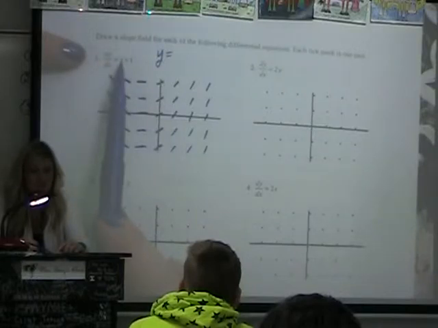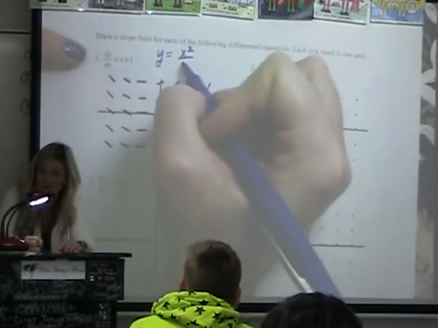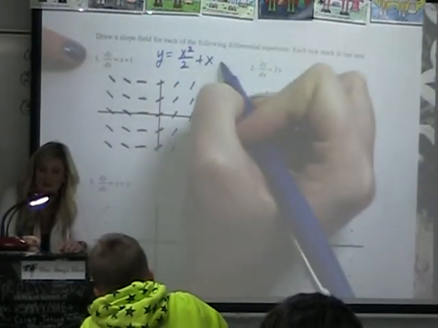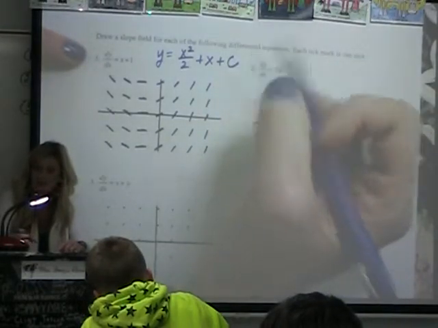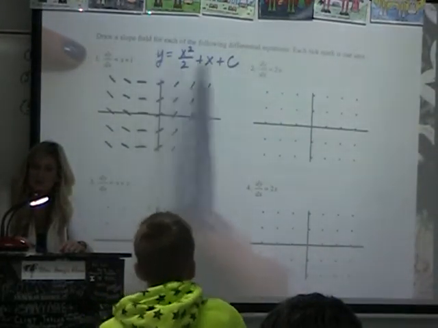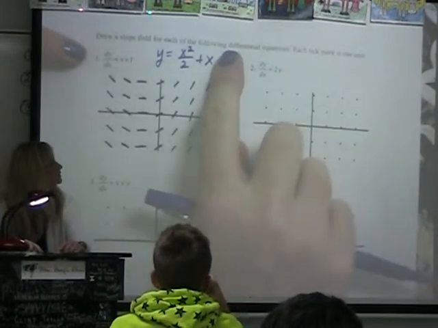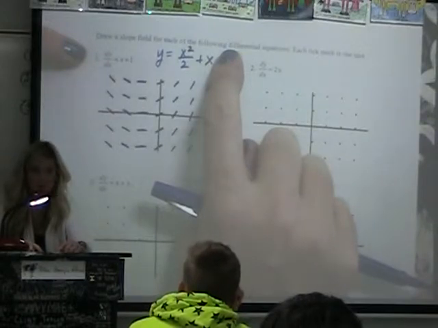Just take the antiderivative of x: 1/2 x squared, or x squared over 2, plus x, plus c. What does this graph look like? It's a parabola that opens up.